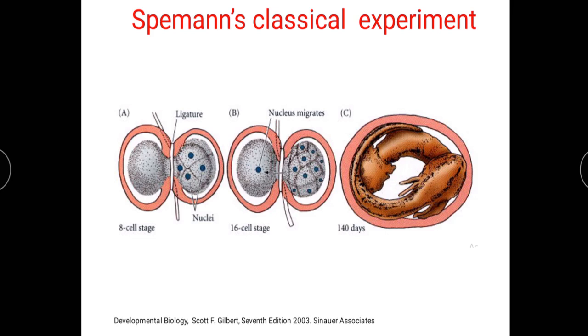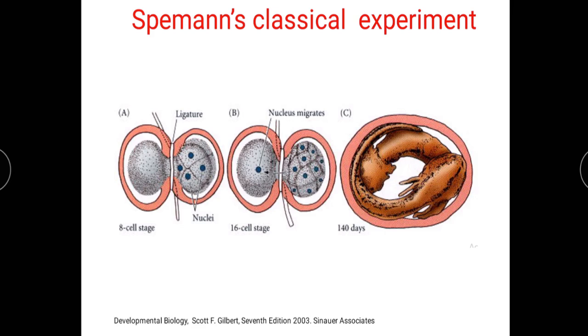So the cleavage also began on this side, and when he pulled this more tightly so that complete separation of the two halves occurred, they separated from each other, and there was complete development of an embryo.